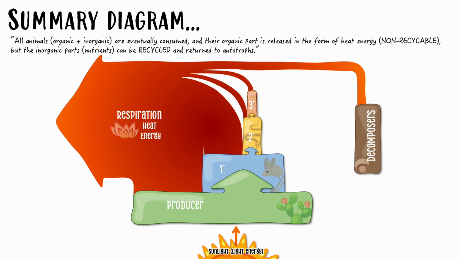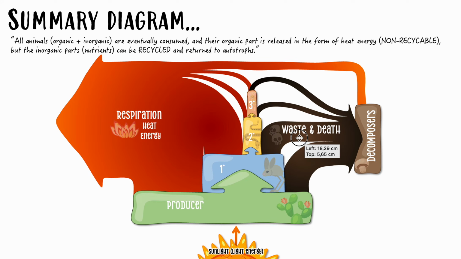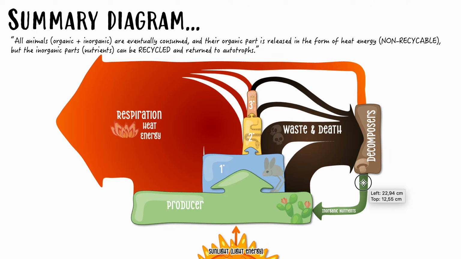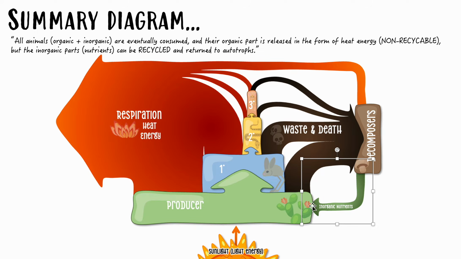Some of it is lost because the organism died, or it's not consumed, not digested, not assimilated, as I mentioned before, with the energy. But these are not permanently lost. They can be used by decomposers, right? Which can break them down and recycle them into inorganic nutrients, which can be used by our producers to continue this cycle.